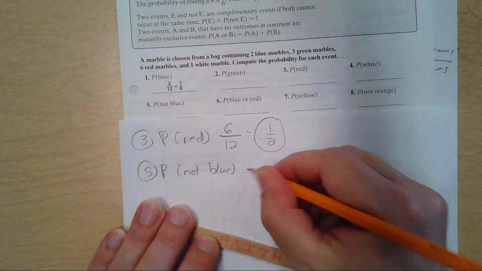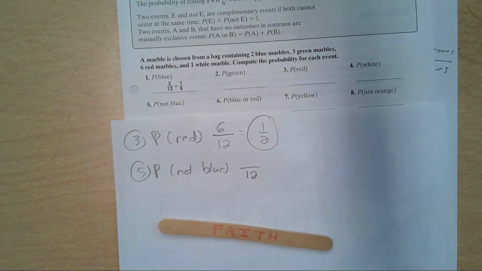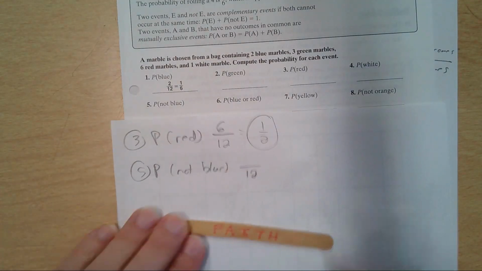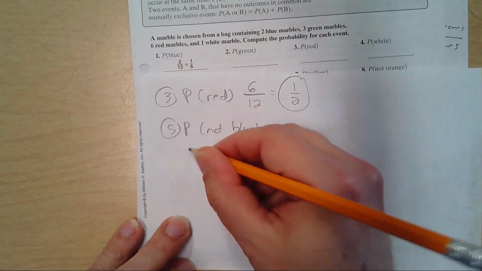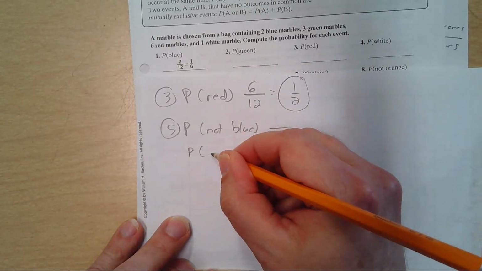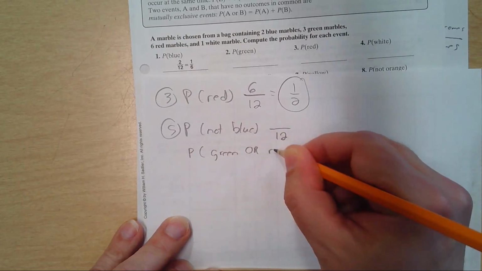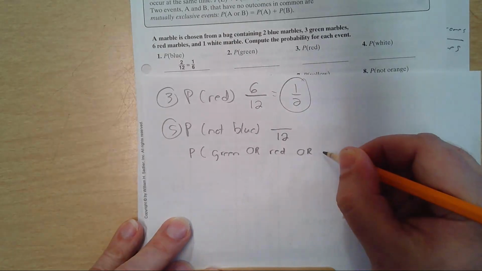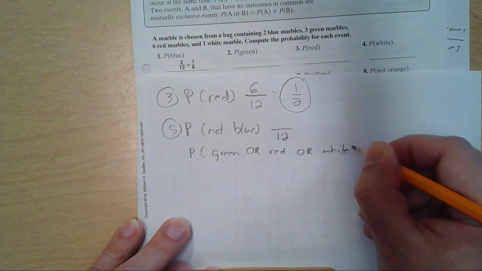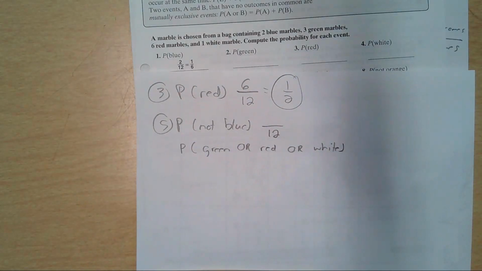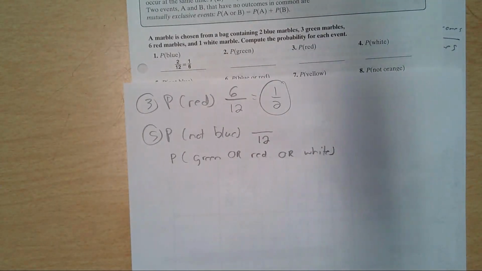And of course, before you get there, you'll start with your 12. And you can do it a few different ways. This is the same thing as saying the probability of green or red or white, because all those things are winners there.